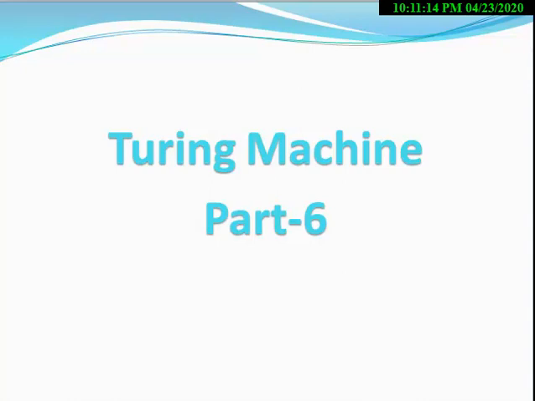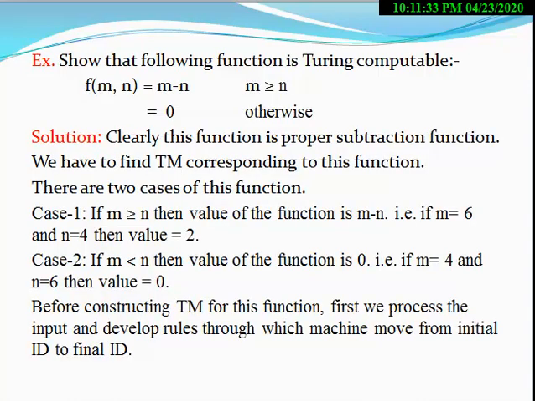Okay, so now let us come to the first problem. The first problem is to show that the following function is Turing computable. The function given here is f of m comma n equals m minus n if m is greater than or equal to n, and it will be equal to 0 otherwise.